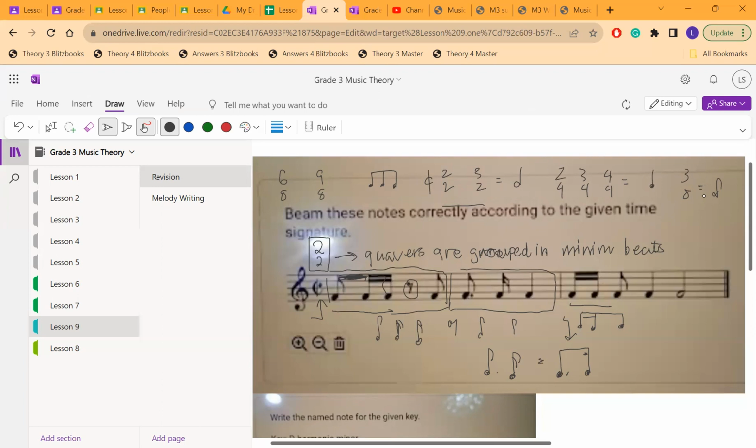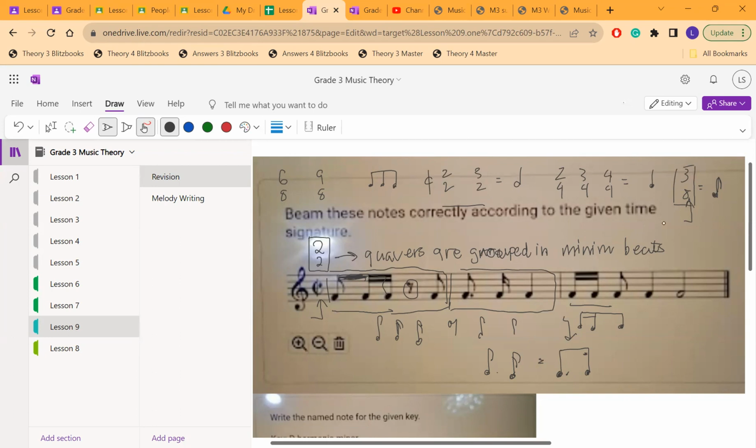Hello. That makes sense? And yeah, so this one, just the bottom number in simple time. Yes, by the way, 3-8 is technically simple time.